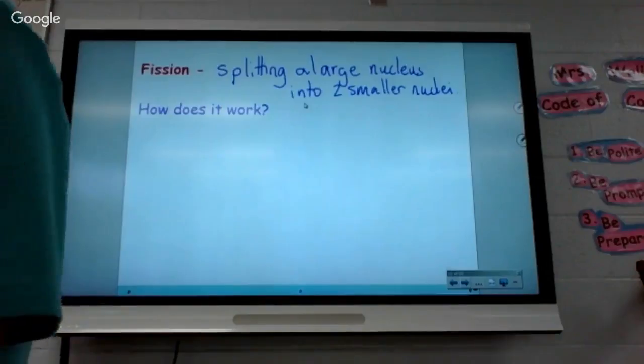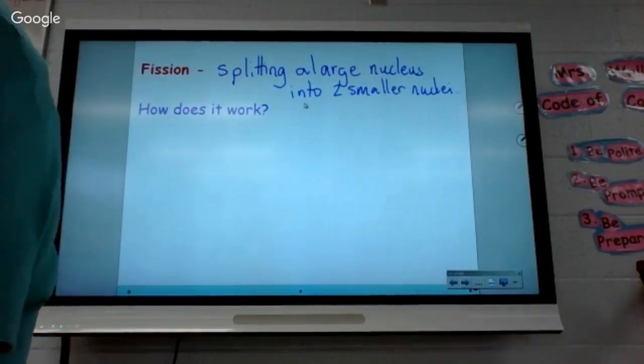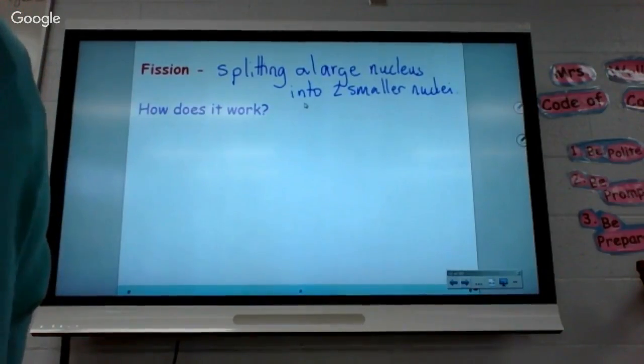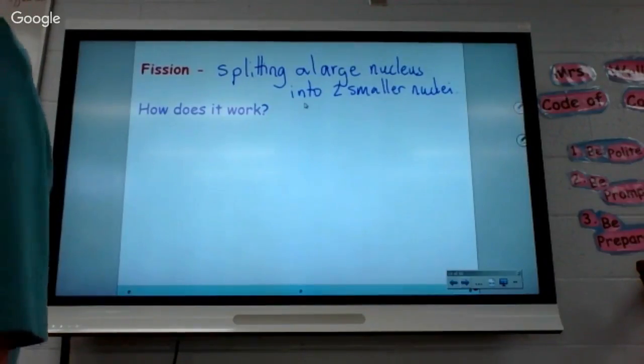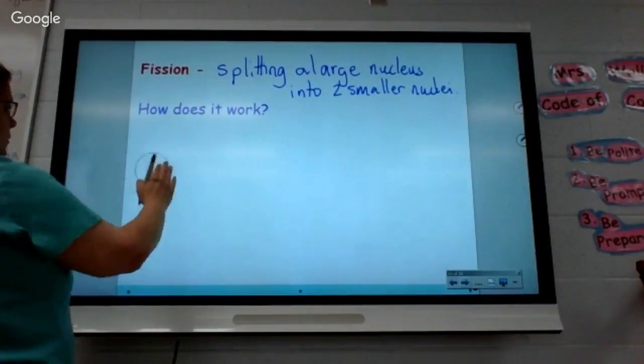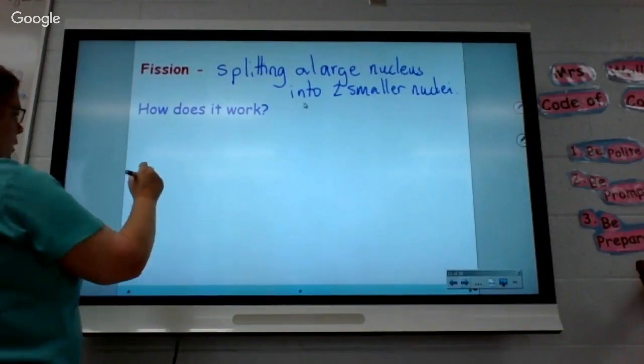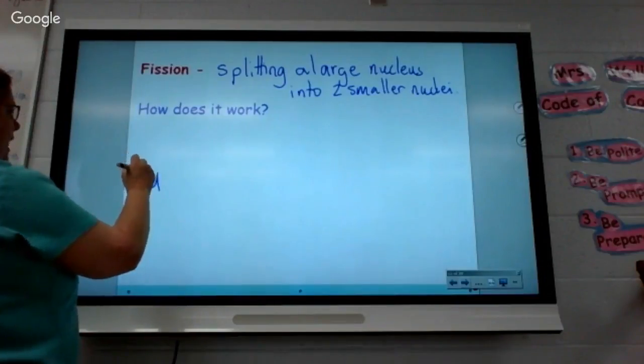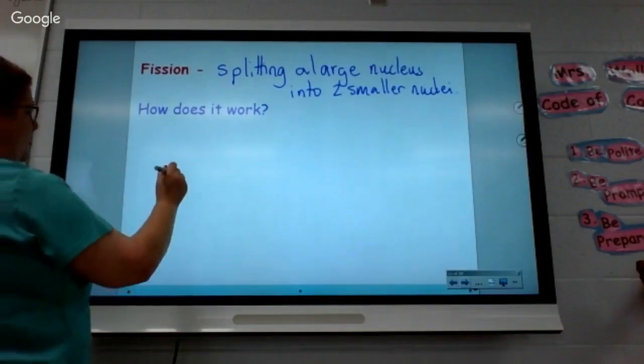Where are the numbers, so I don't make it up? It's krypton and barium, but I don't remember the numbers. 92 and 141. All right, we use uranium-235. Use that circle.